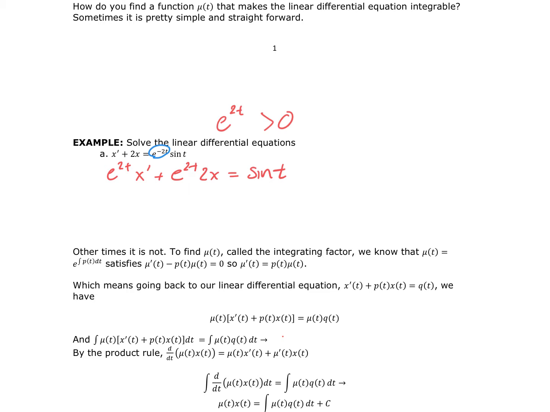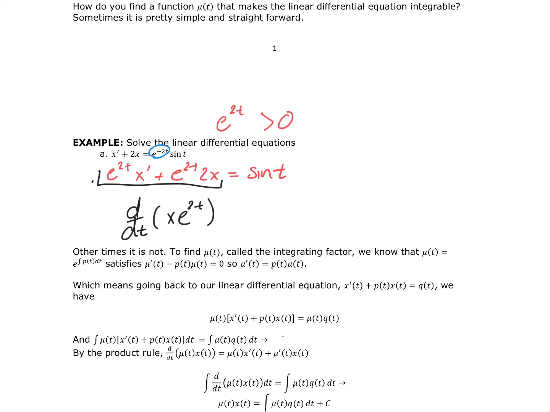Now if we think about the fact that this left side of the equation is really d/dt of x e to the 2t. And you're like, how did that happen?